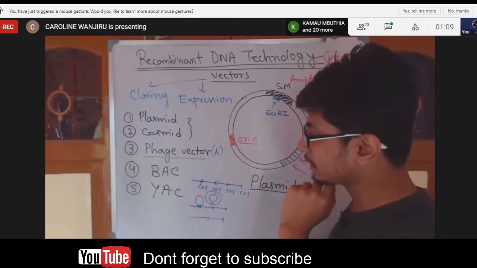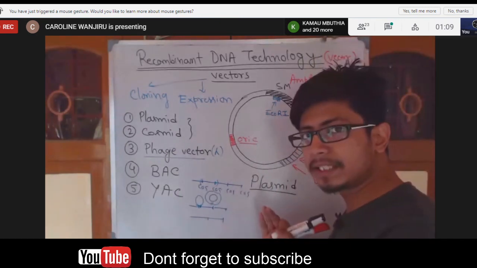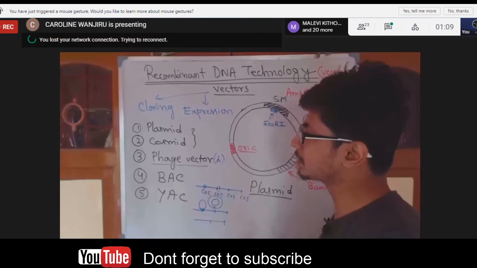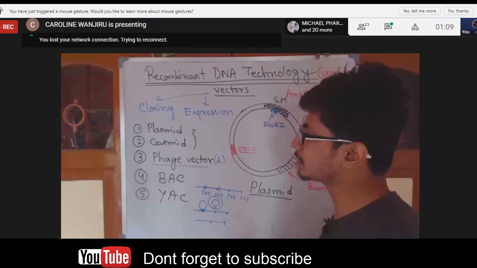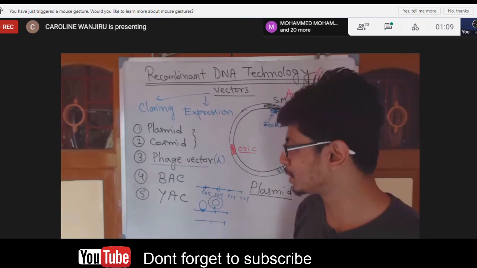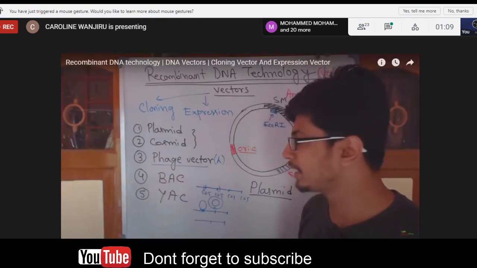And another extra advantage of the phage vector is that it can carry slightly bigger sequences, as well as the cDNA library preparation. Bacterial artificial chromosome is another one, and yeast artificial chromosome.